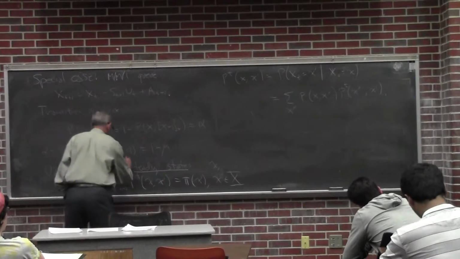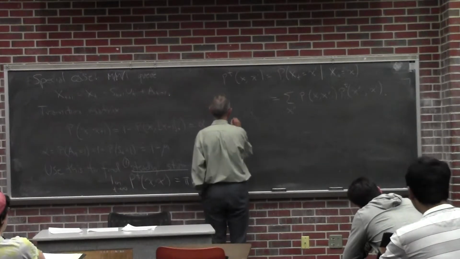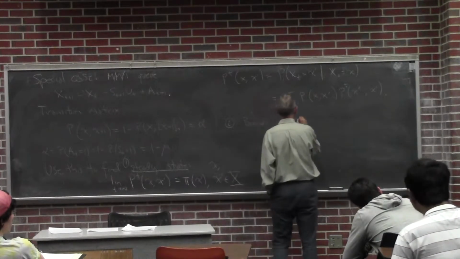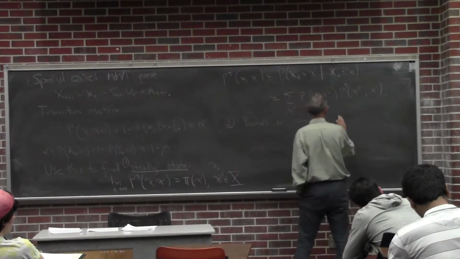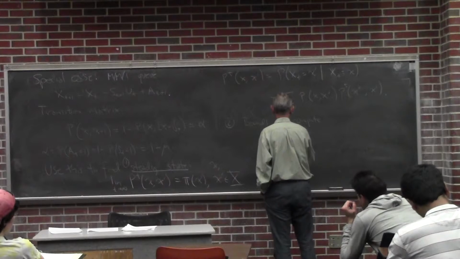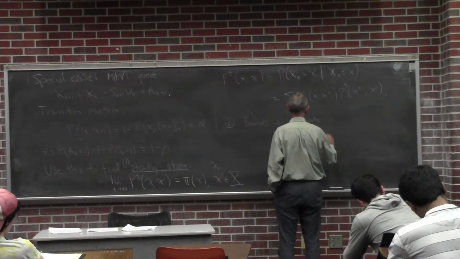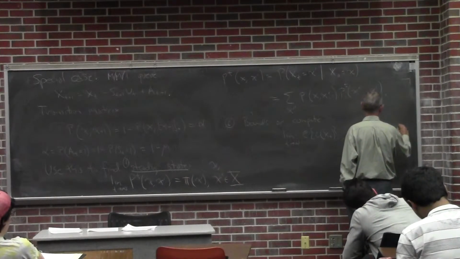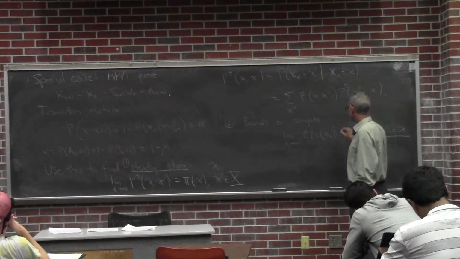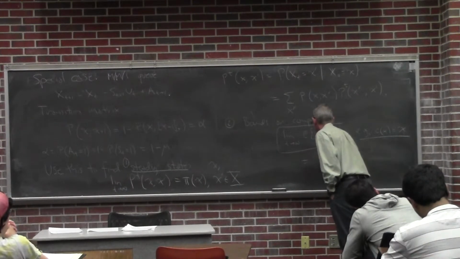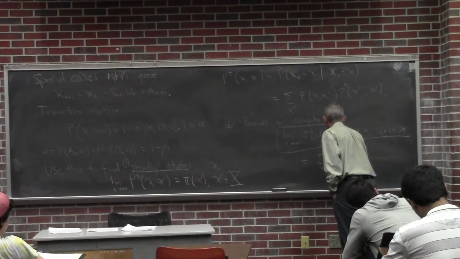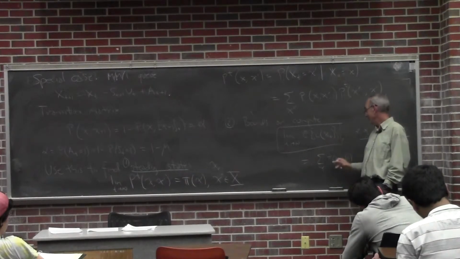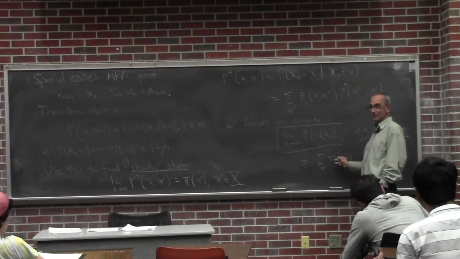So we want to, one, find the steady state, and two, we want bounds or to compute things like this limit of some cost function of the state, which will be equal to this dot product.